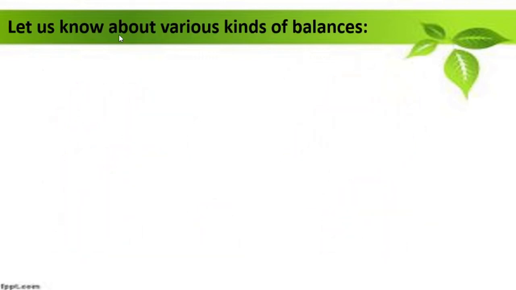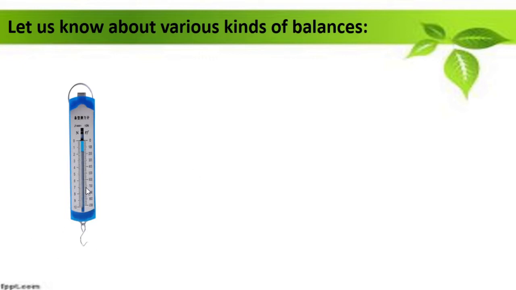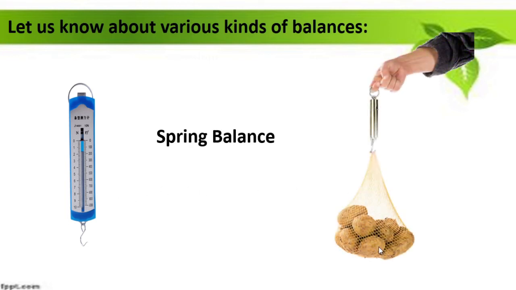Now let us know about various kinds of balances. Yes, dear children, there are different types of balances we use in our day-to-day life. See this? Here, this is called a spring balance. See how we use this.